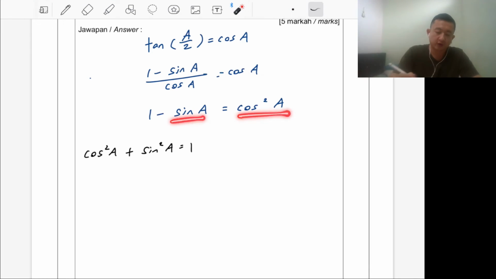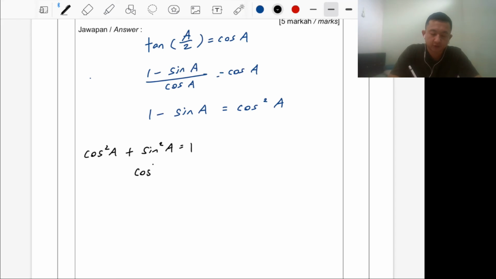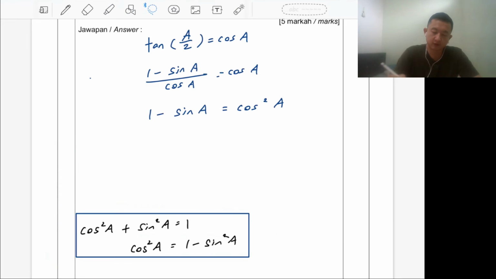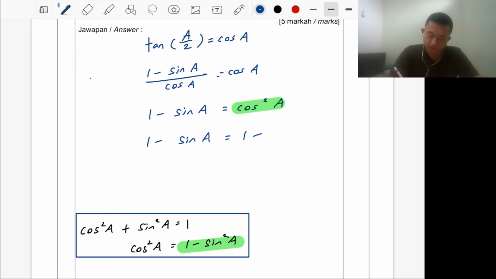Sine, cos, you are not going anywhere except you change it to be in terms of sine. So we make cos squared a the subject, that will be 1 minus sine squared a. So we're going to use this one. We're going to replace this with this. Group everything into the same side.